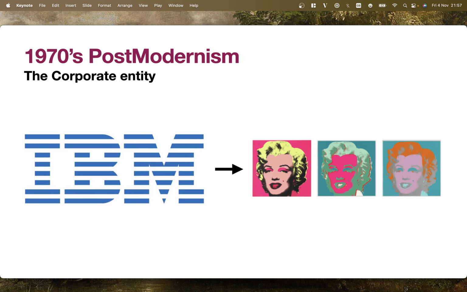Okay, what happened next? Well, somebody took it apart, and we get people like Andy Warhol, balking against that corporate, established rule system, and doing crazy things like breaking down Marilyn Monroe's face into these 3 different images.